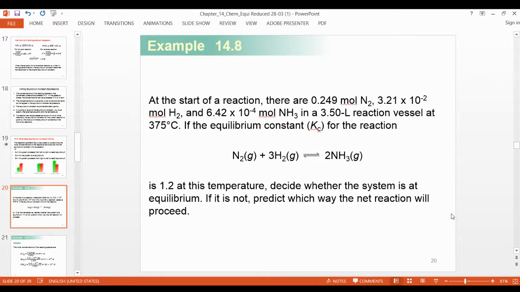If the equilibrium constant Kc for the reaction is 1.2, decide whether the system is at equilibrium. If not, then predict which direction the reaction proceeds. They are asking which direction the reaction proceeds, either forward or backward. It means the system is not at equilibrium.